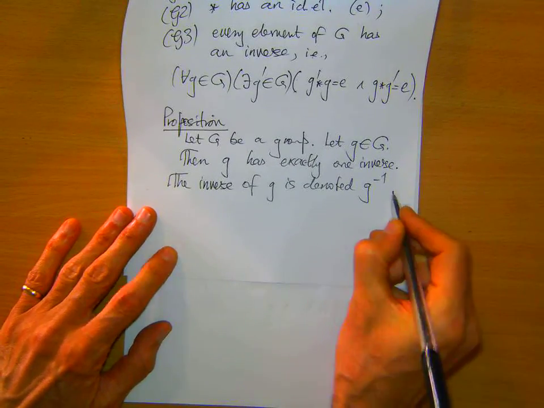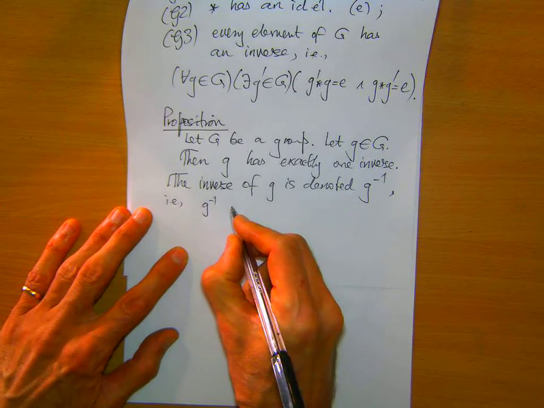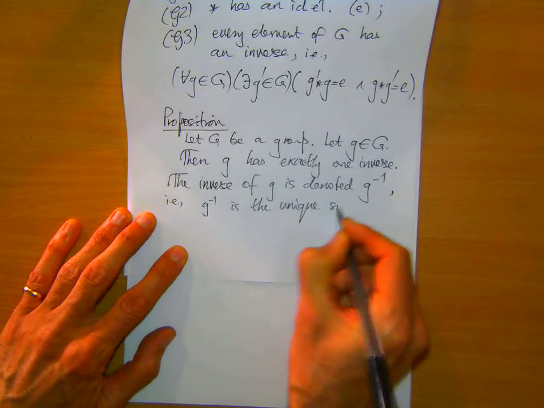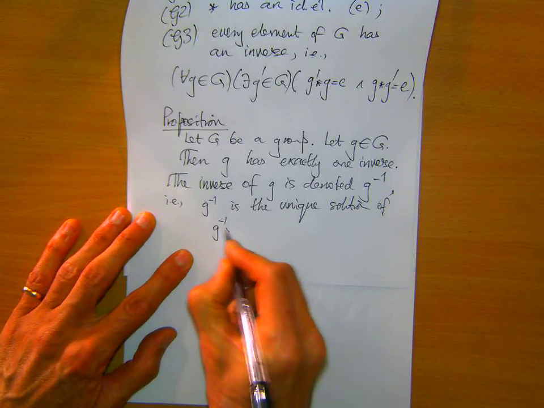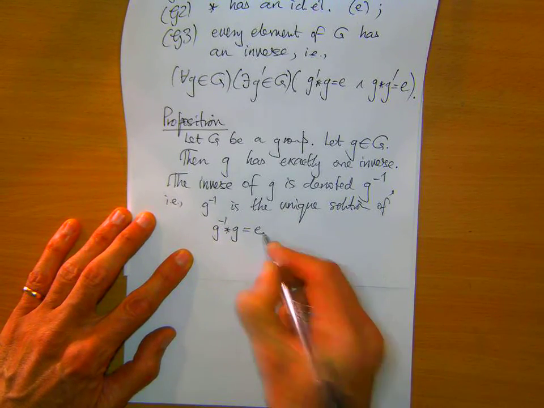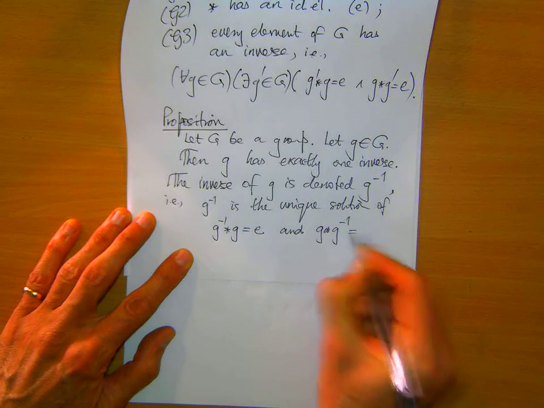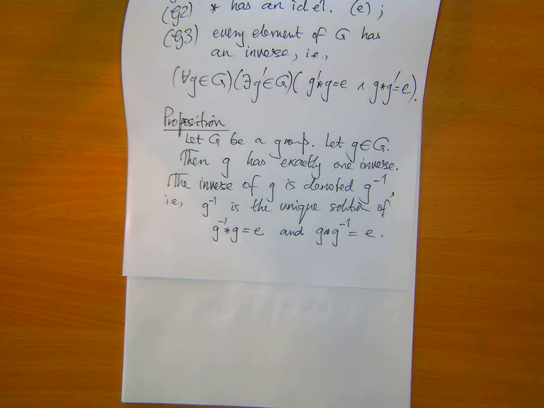So in other words, g inverse is the unique solution of the equations g inverse star g equals the identity, and g star g inverse is the identity. So those simultaneous equations have precisely one solution, which we call g inverse.